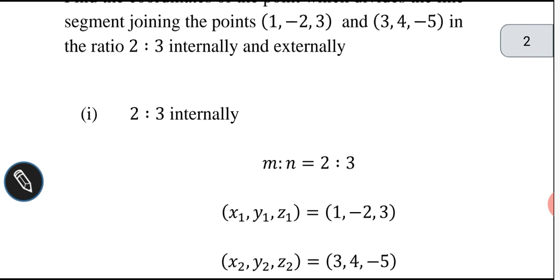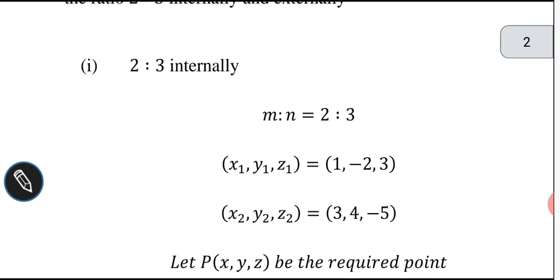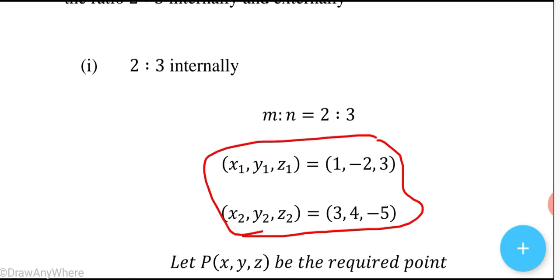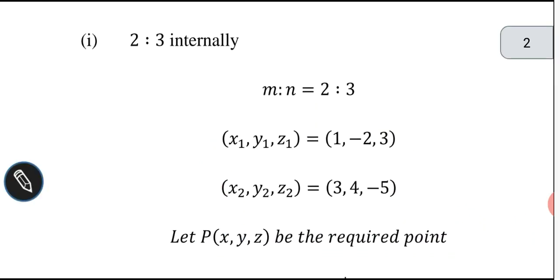Okay, so the point x1, y1, z1 equal to 1, minus 2, 3 and x2, y2, z2 is equal to 3, 4, minus 5. Okay, let P of x, y, z be the required point.